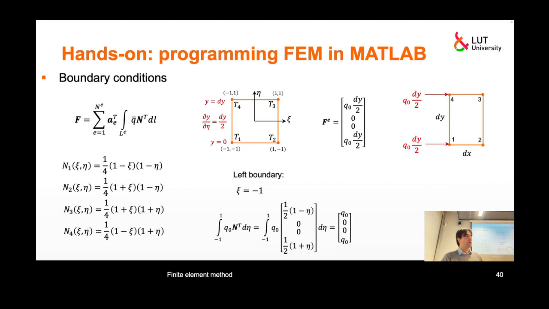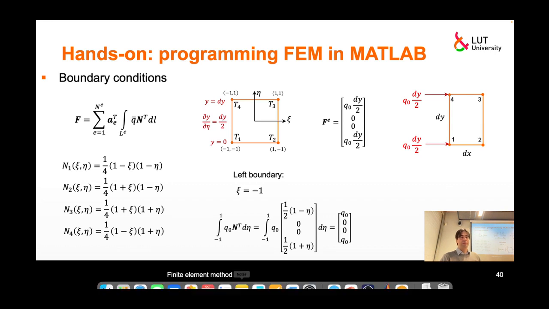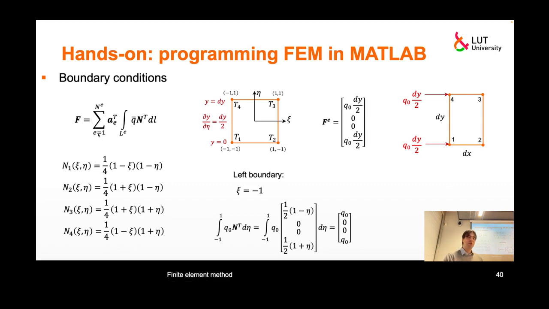So now about boundary conditions. This might look a little bit complicated, but in the end it's also quite simple. Okay, so the right hand side is this type of vector, right?